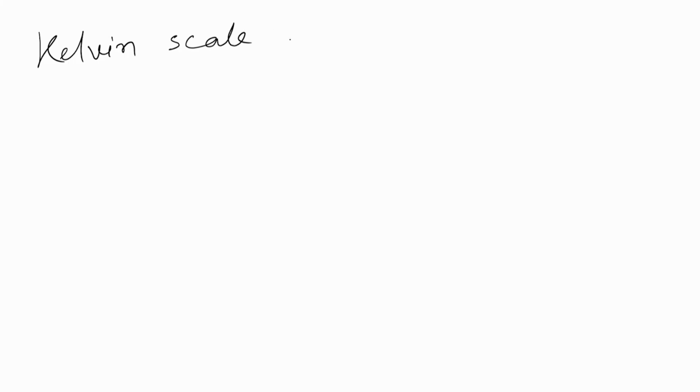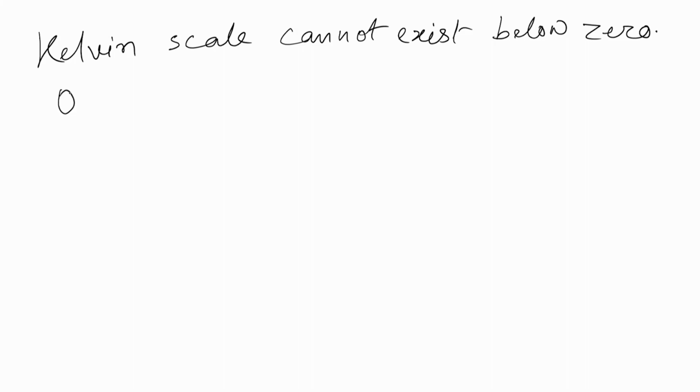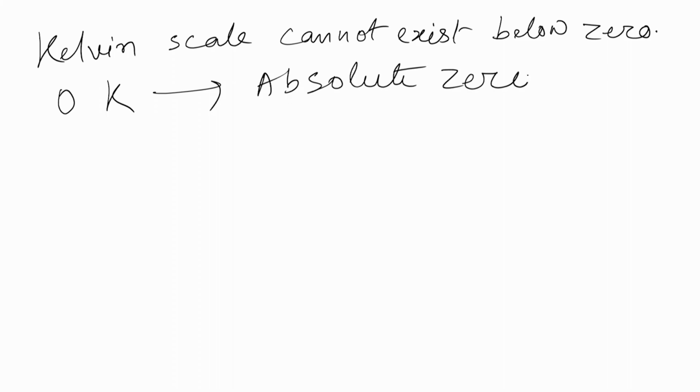Kelvin scale cannot exist below 0. Kelvin hypothesized that at 0 Kelvin, this will be called absolute 0. This is the temperature where all molecular motions stop.